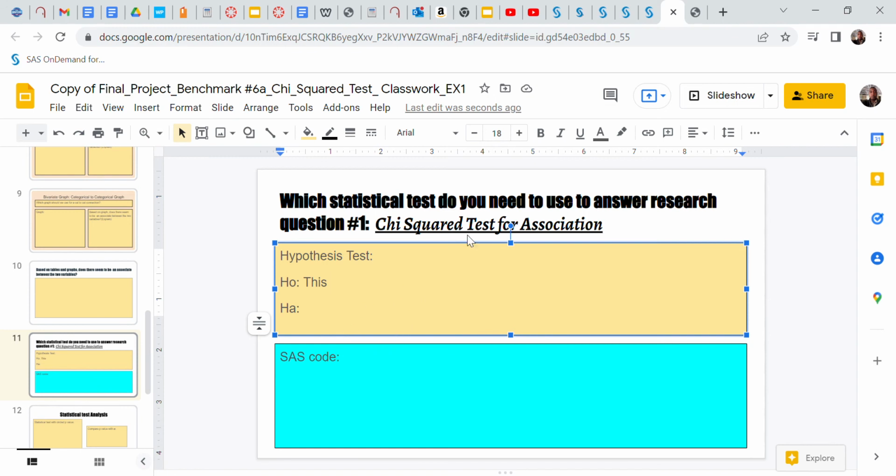So the null is going to be there is no association between highest education level and smoking regularly.